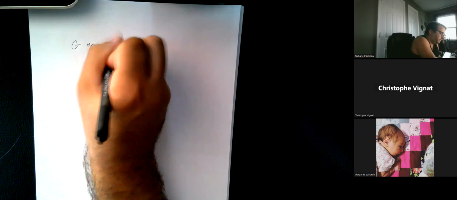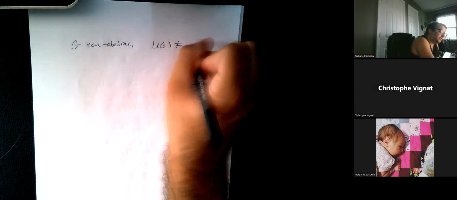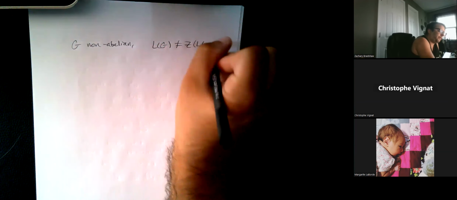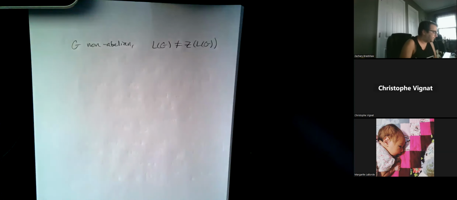But speaking of non-abelian groups, remember when we did Fourier analysis last time, we only did it for abelian groups. So what does this look like for non-abelian groups? Well, for a non-abelian group G, the group algebra is no longer equal to the center of the group algebra. So all the elements of the group algebra no longer commute with each other.